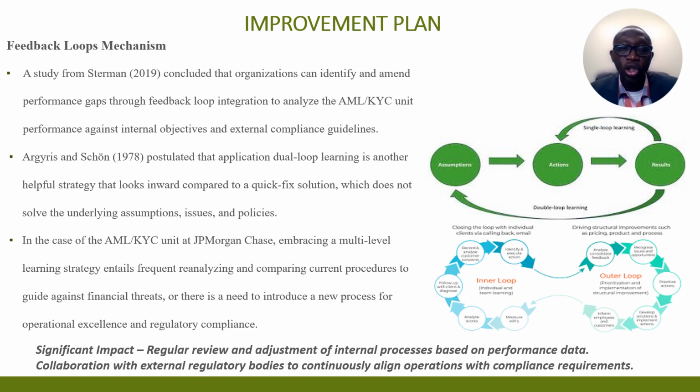And there will be collaboration with the external regulatory bodies to continue to align with these operations and also with the compliance requirements. Feedback is very important, as advised in the open systems theory, and they will be able to identify and amend gaps through integration of this feedback loop system.